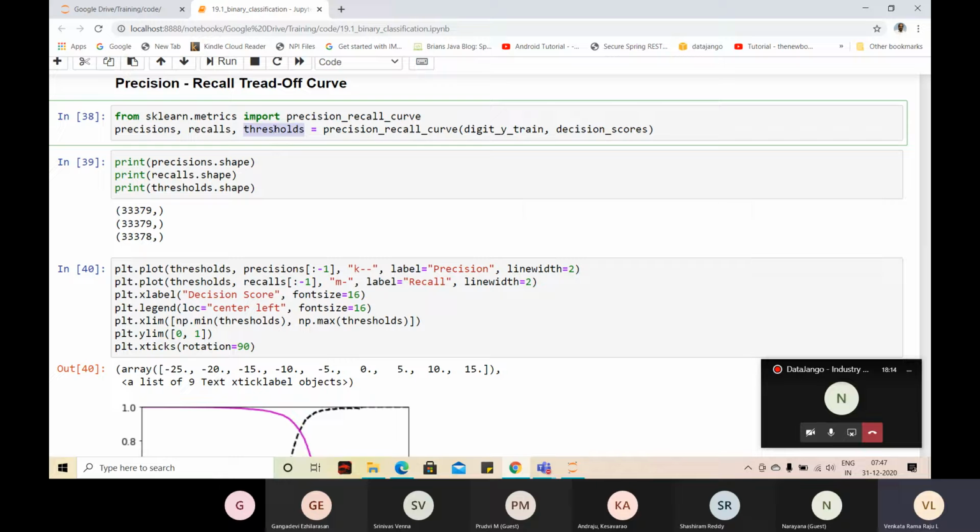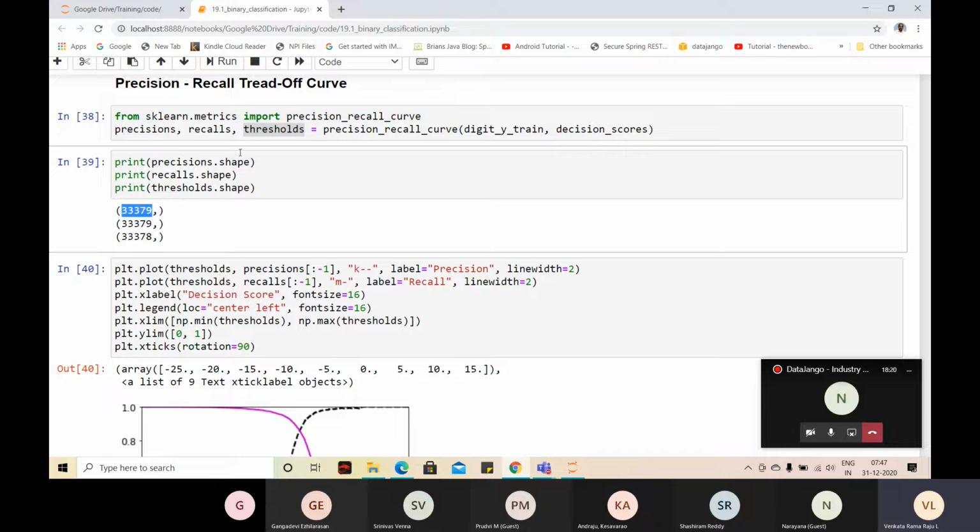If you know the minimum threshold and maximum threshold, you can use linspace and say how many numbers you want. There is one more threshold extra here, that is the default 0.5 threshold. So these are all thresholds, these are precisions, and these are recalls.